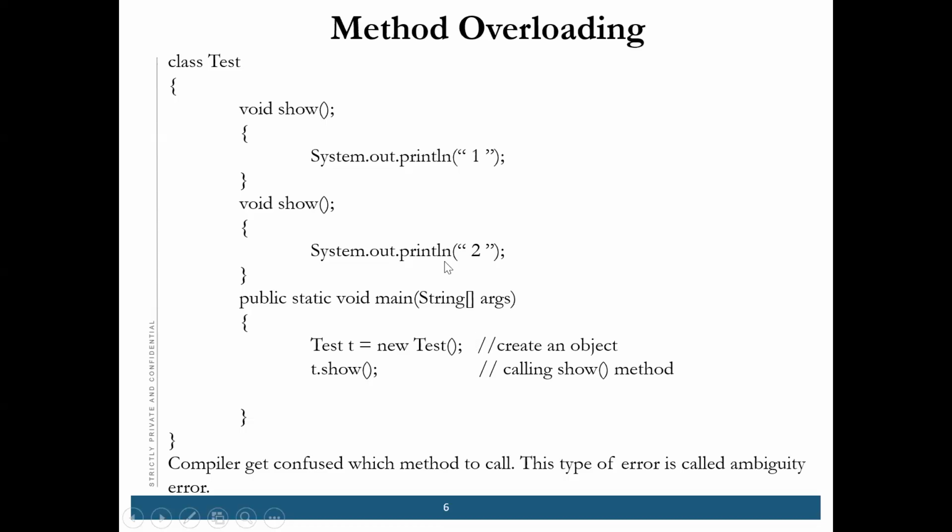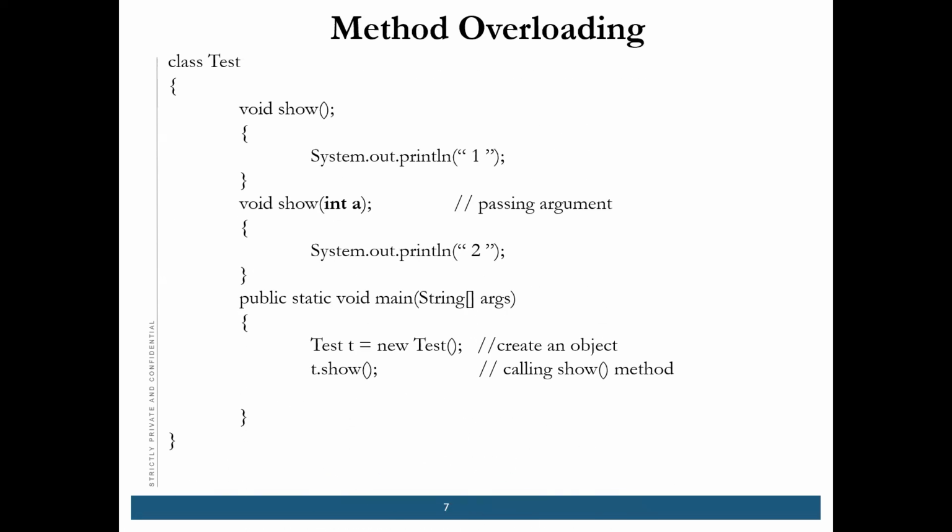It's not a correct program. Why? Because the compiler will get confused about which method it is calling. It will give you the ambiguity error. Why? Because there is the same parameter. We are not passing any parameters in this method, and that's why the compiler will get confused.